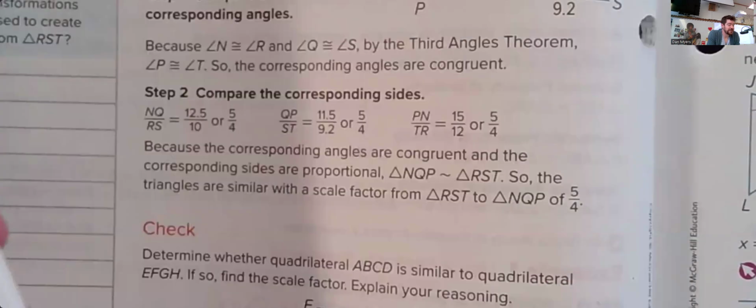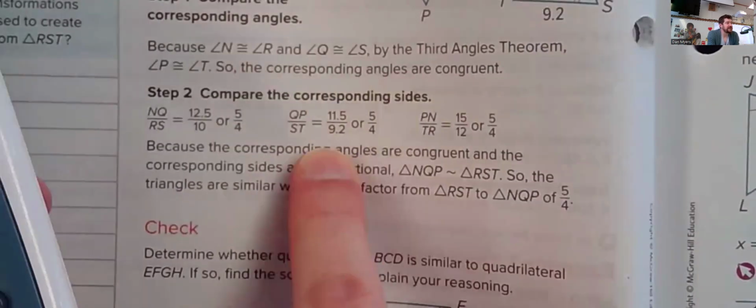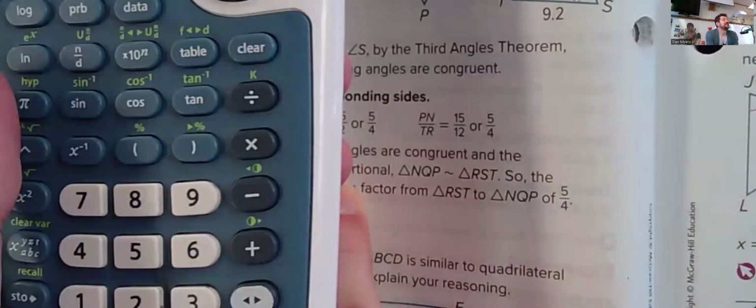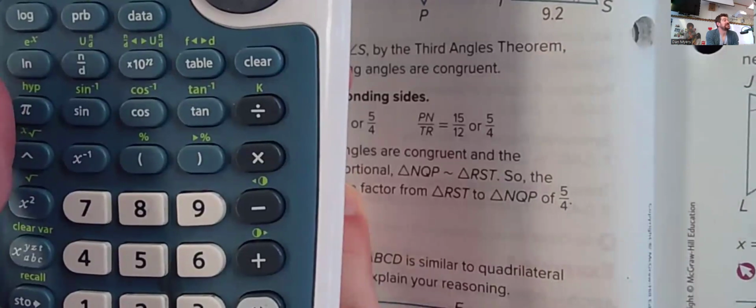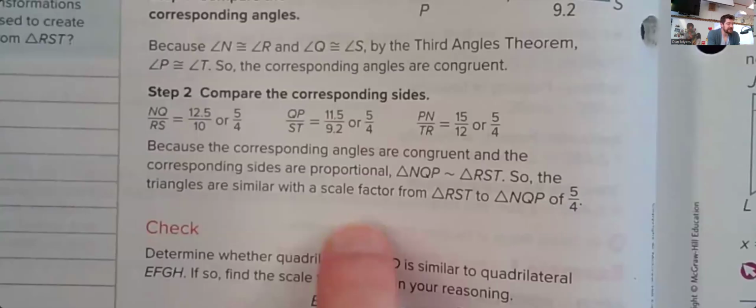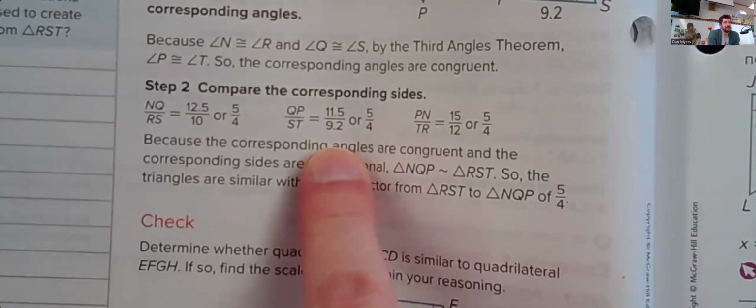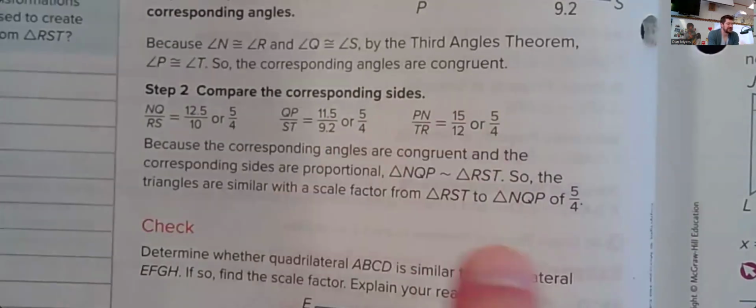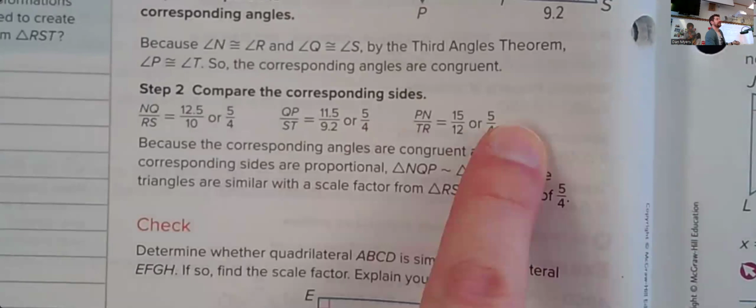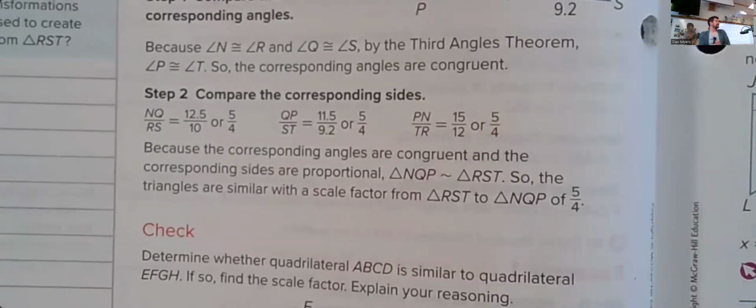So 5/4. And if you do the same thing, 11.5 over 9.2, oh, the fraction button, did you find it, Yvonne? The fraction button, you got it? Okay. So if you do 11.5 over 9.2, it'll probably give you a decimal, but then if you push the left, right button right above enter, it'll say 5/4. They're all 5/4, which means that those two are similar figures.